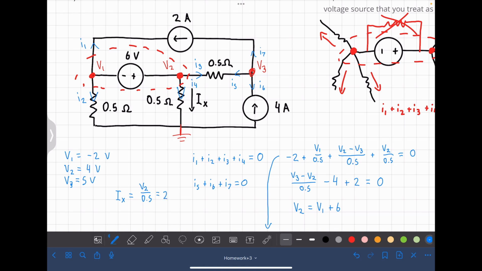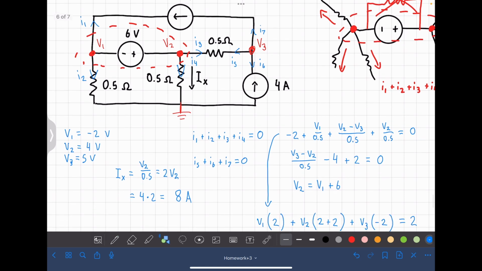So that's 2 V2, equal to, what is this, 4. So we have 8 amps. Box our answer. And we're good to go.